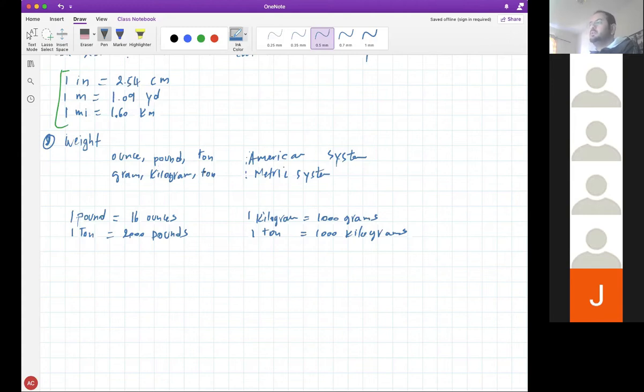Then ton is ton, the same. Everybody should know these basics at least. Just remember 1 kilogram has about 1,000 grams. A gram is a little pinch of something, for example a pinch of salt, very small. So let's see the conversions between them.